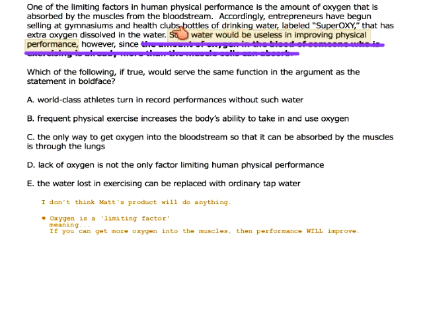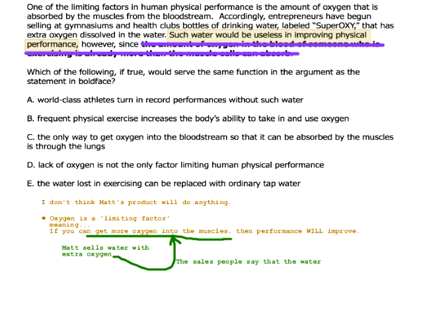So Matt is trying to sell a bottle of water with oxygen in it, if he thinks that's going to do it. So Matt sells water with extra oxygen. And the claim, the advertisement, is that it's going to do that. The people selling this stuff, the salespeople, say that the water will do this.